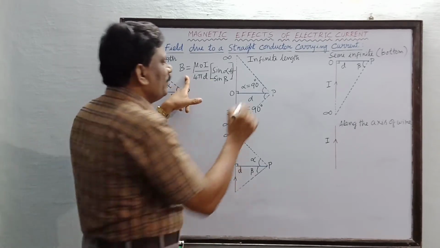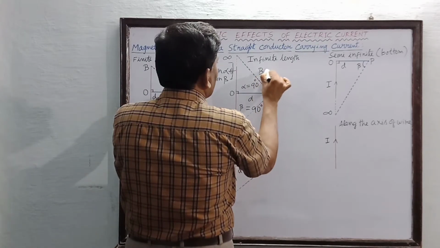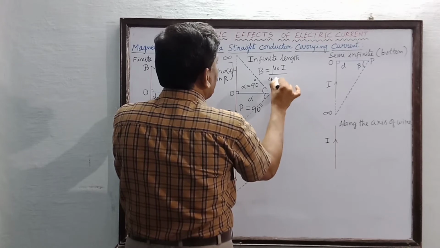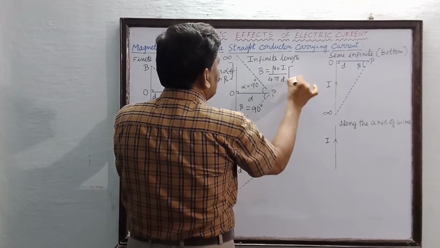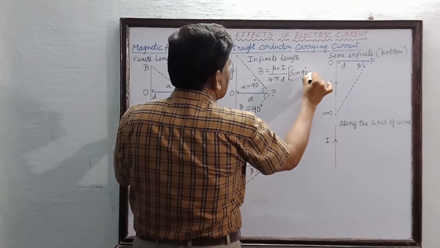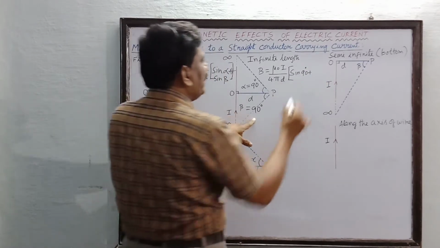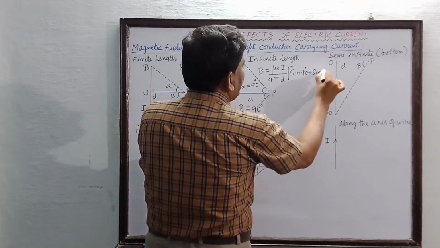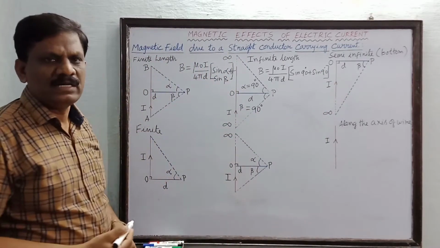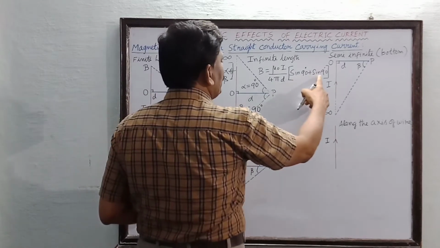So what is the magnetic field? B will be equal to mu naught I divided by 4 pi into the perpendicular distance, into sine 90 plus sine 90. Sine 90 is equal to 1, so this becomes 1 plus 1 equal to 2.